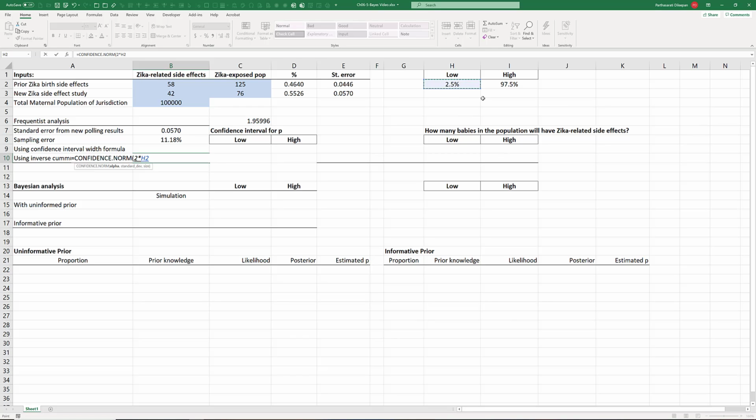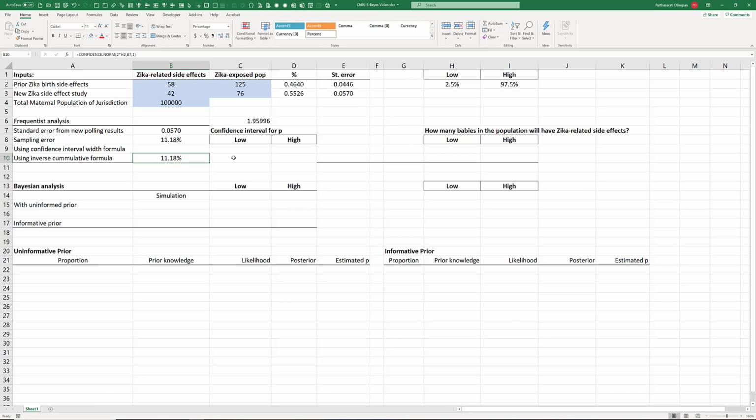So that's the tail. This 2.5 is the tail on the left side, and you have a similar 2.5 tail on the right side. So you do 2 times that, and then the standard error and 1 for sample size. And that gives you the same thing. So you can do it either way.